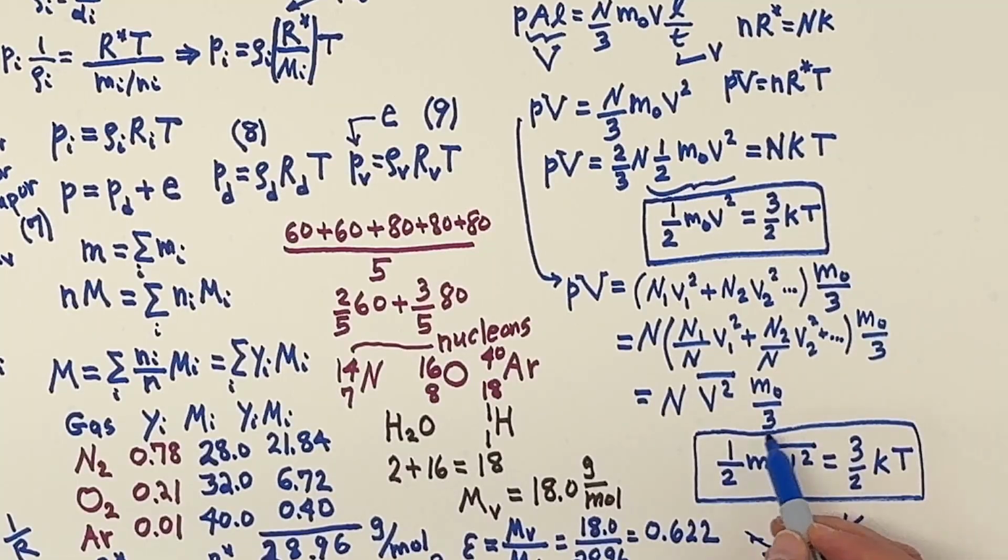This is microscopic stuff over here, the mass of the individual gas particle, the average velocity squared of the gas particle, and that translates to 3/2 KT, and that's a temperature. So temperature, macroscopic, comes from the average kinetic energy of the gas particles.